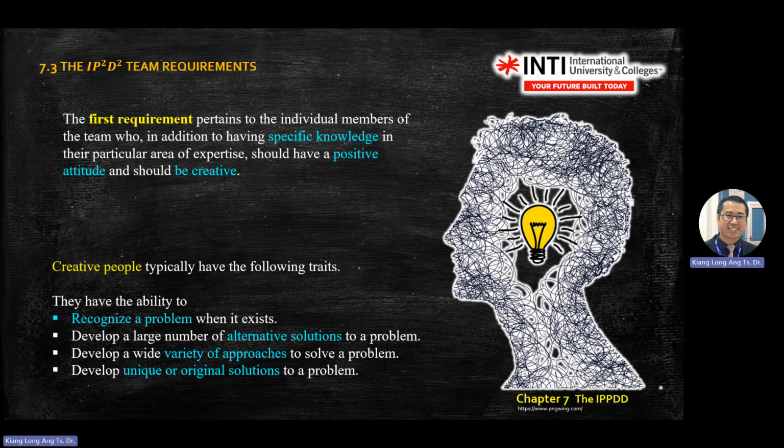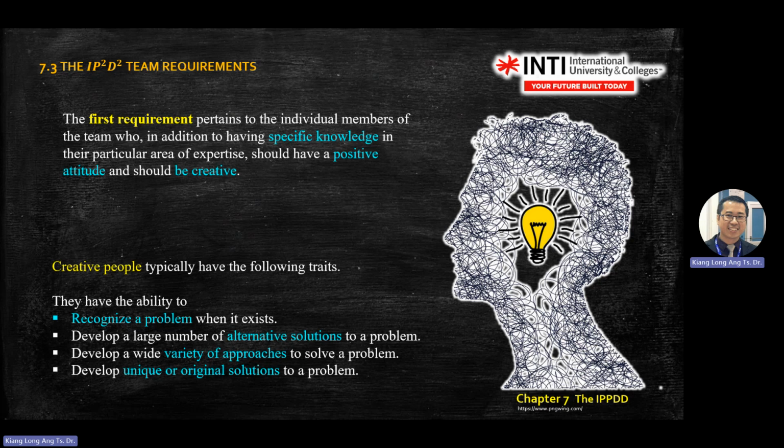Okay, the next one is more on psychology, more on managing a creative team. So creative people, if you are in the R&D department, most of the time you're looking for people that have these 4 abilities: recognize problems, develop a solution, develop a variety of approaches to solve the problems, and develop a unique or original solution to a problem.